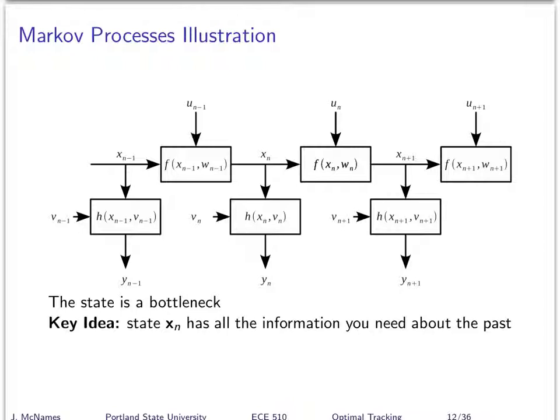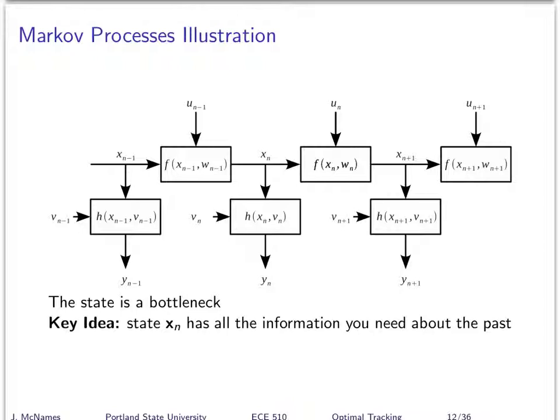The key thing here is that y at n minus 1 is only affected by the previous values of the state through x at n minus 1. It is the bottleneck. It contains all the information about the past that you need to know in order to generate the current measurement. And likewise, it contains all the information you need to know to characterize what the state is going to be, well, that and the noise that gets added in.